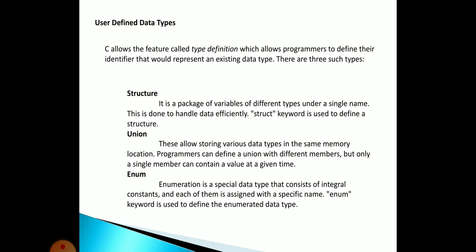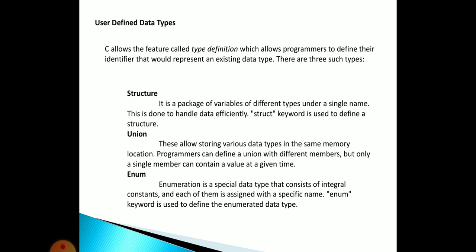Also, by using the union user defined data type, we can specify different members of different data types. And enumeration is a special data type that consists of integral constants, and each of them is assigned a specific name.